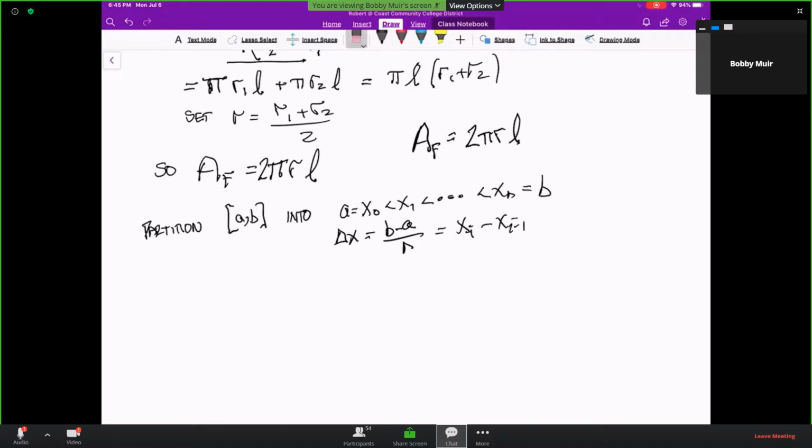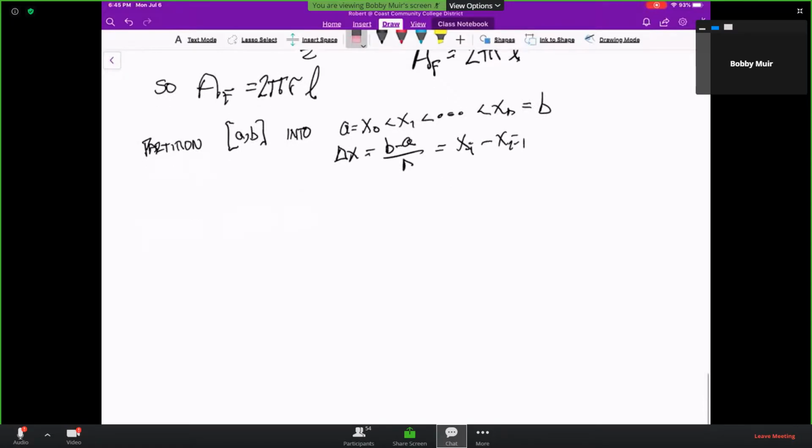And as we do this, we're going to find a lot of similarities to what was going on last Thursday. Let's say this is where xi minus 1 is, and let's say this is xi.